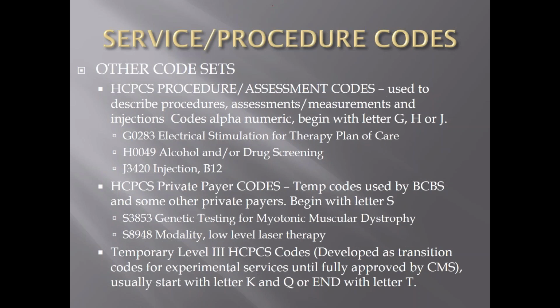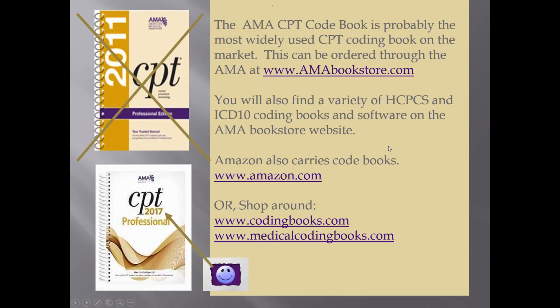While the technology or the procedure is being cleared by the FDA, the Federal Drug Administration, while it's going through clinical trials, they may be awarded a private payer code so that private payers can pay for it even before Medicare does. And then you have the temporary level 3 HCPCS codes, which are transition codes for experimental services. They usually start with the letter K and Q or end with the letter T, but you won't use those very much.